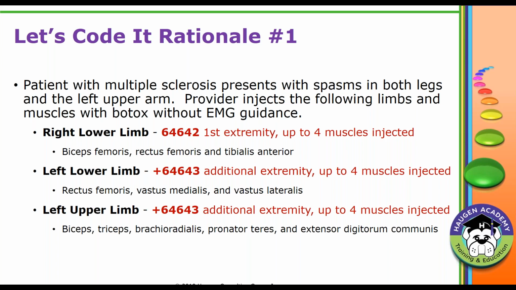So you can see 3 muscles there. And then for the left, again, 3 muscles were injected. We'll do the add-on code since it's a different extremity or an additional extremity, 64643. And then we'll do 64643 again for that left upper limb. Biceps, and you can see all of the muscles injected there.